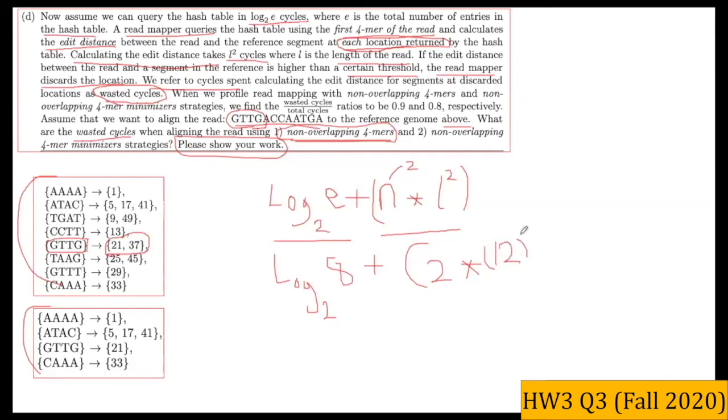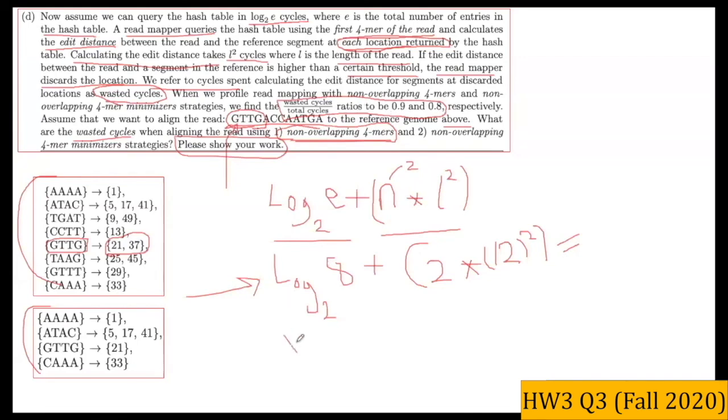times 2. Now this is not the answer, because the question is not asking for the number of cycles, but rather it's asking for the number of wasted cycles. And this equation will give you the total number of cycles to perform read mapping for this read. Now, based on this equation, which is wasted number of cycles over total cycles, we can calculate the wasted cycle.